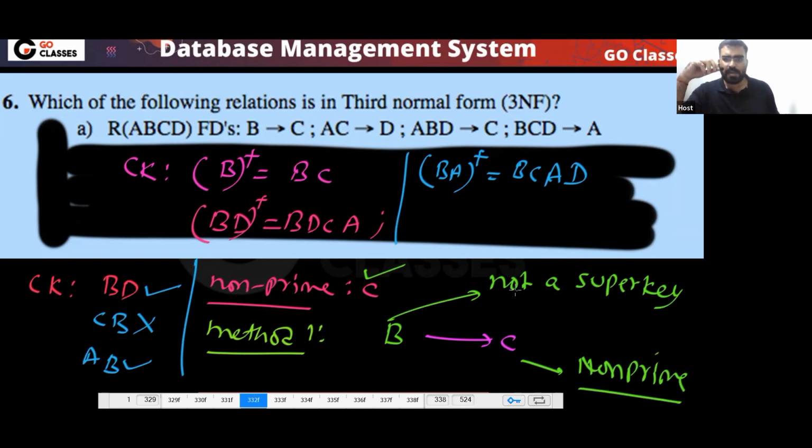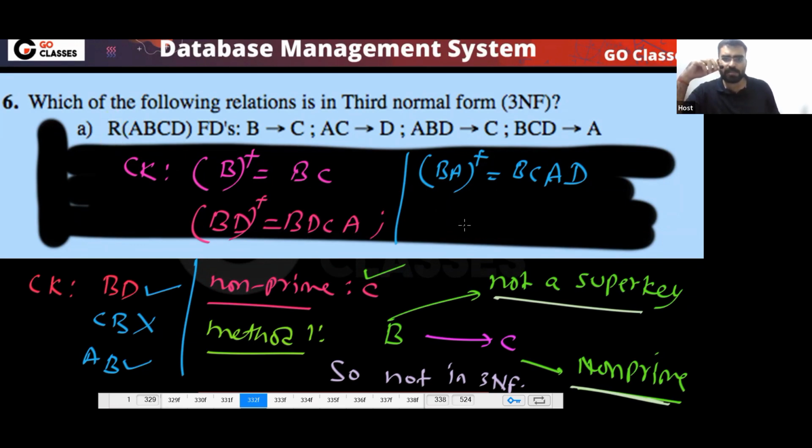Very simple. So this is the violation. So it is not in 3NF. Is this clear? Let me know. So this relation is not in 3NF. What about 2NF? What about 2NF for this relation R?